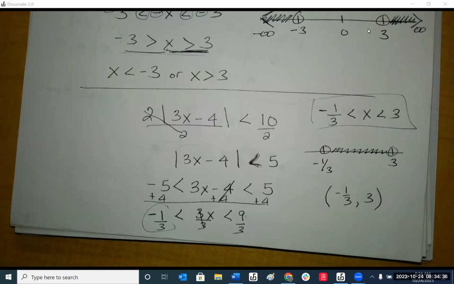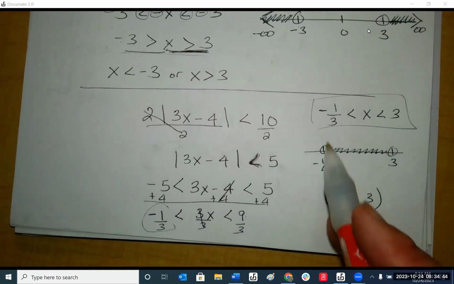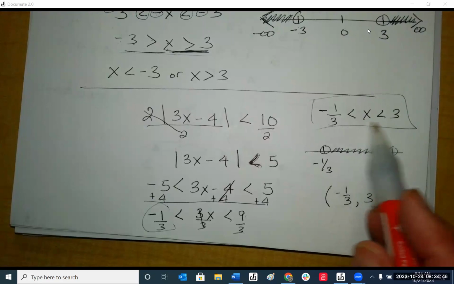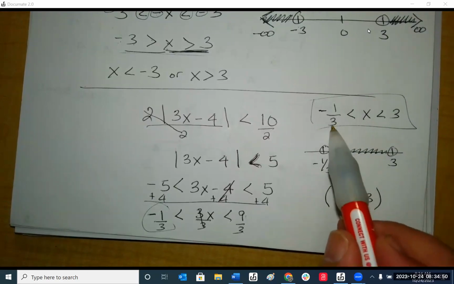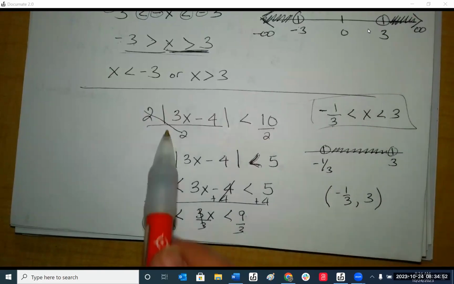And then what do we do there? Are we sure these are good answers? We have to check our answers. We have to check at -1/3 and 3 in the original equation, see if it gives us a true answer.